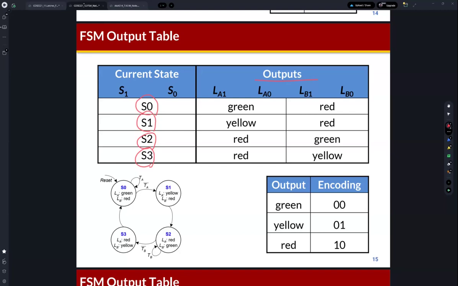But we cannot build combinational logic using these outputs, which means that the output values also need to be encoded using digital values. So we can encode these output signals: green is 0, 0, yellow is 0, 1, and red is 1, 0.